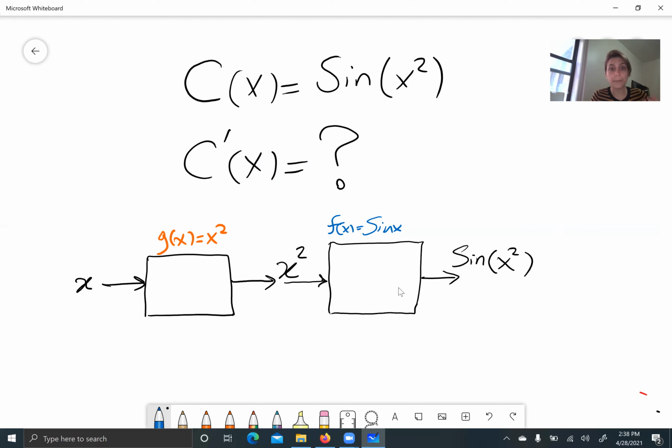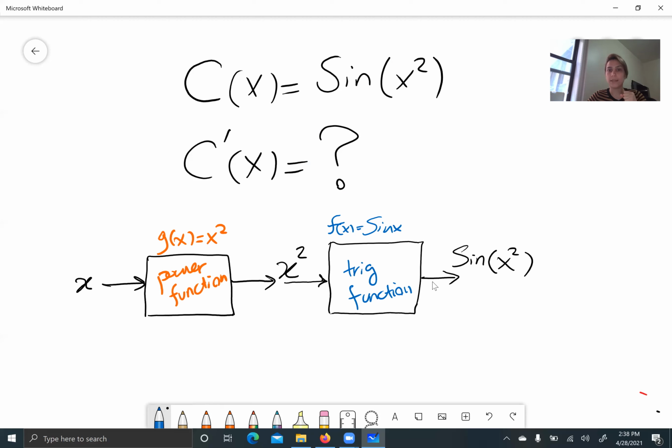What two functions? x squared, which is a power function, and then the next function is a trig function. So it's a composition of a power function and a trig function.